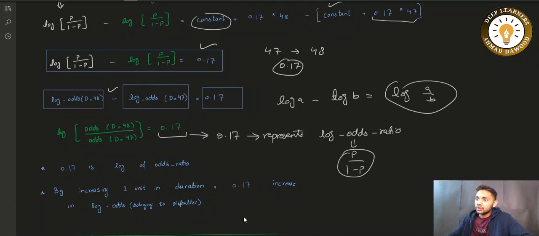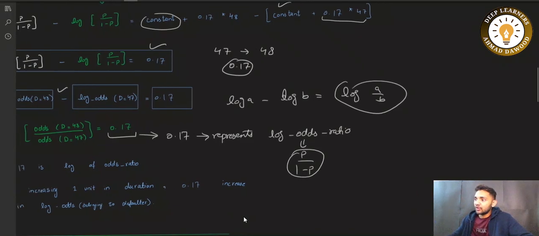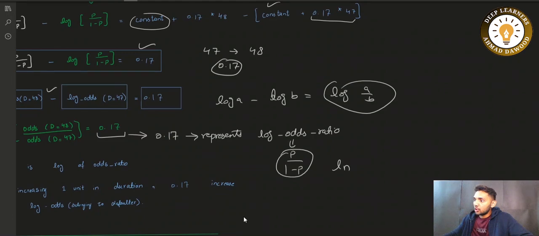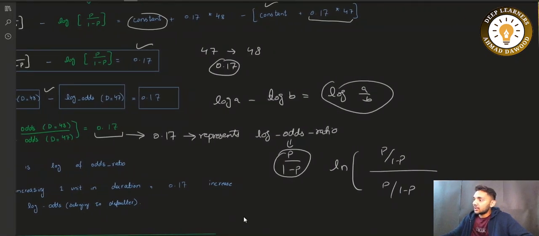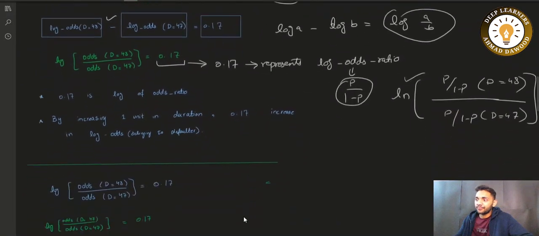If you want to write this, this is the log of odds, p over 1 minus p, when the duration was 48 and when the duration was 47. So here you can see this 0.17 is actually the log of the odds ratio.